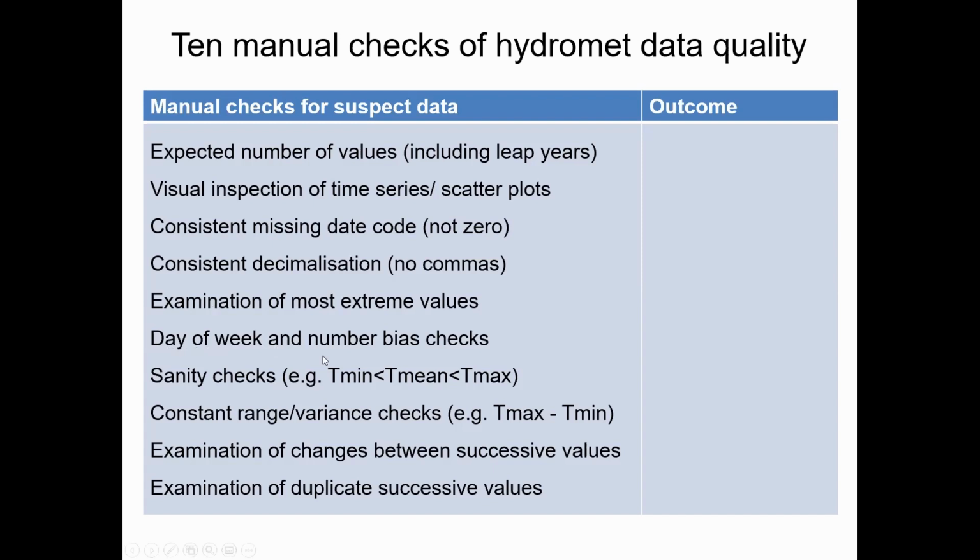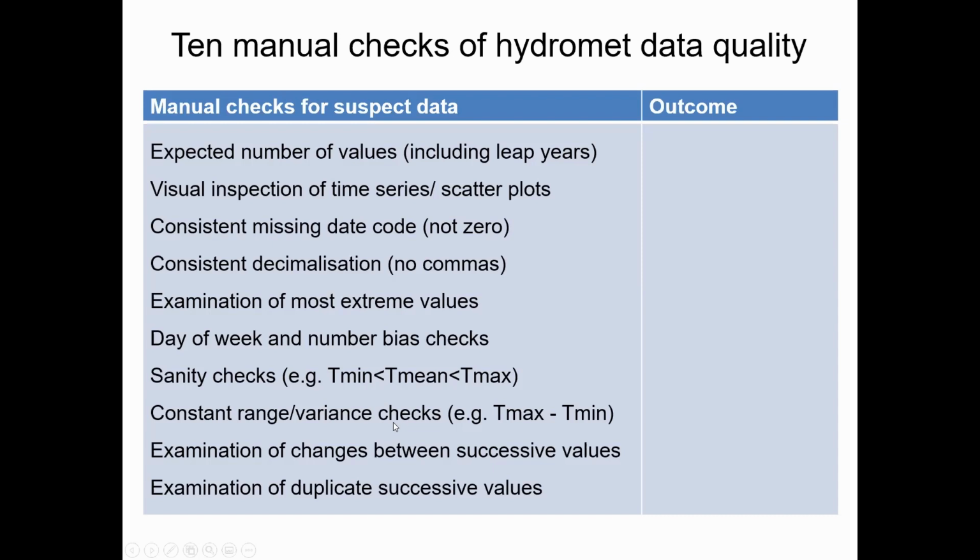Are there any biases like I showed you this morning? So for example, too few rain days on a Sunday and more rainfall than you'd expect on a Monday. Are there more 5s and 10s than you'd expect? And this is perhaps the simplest check of all, and you'd be amazed how often you find data sets where, for example, the maximum temperature recorded in the data is less than the minimum.